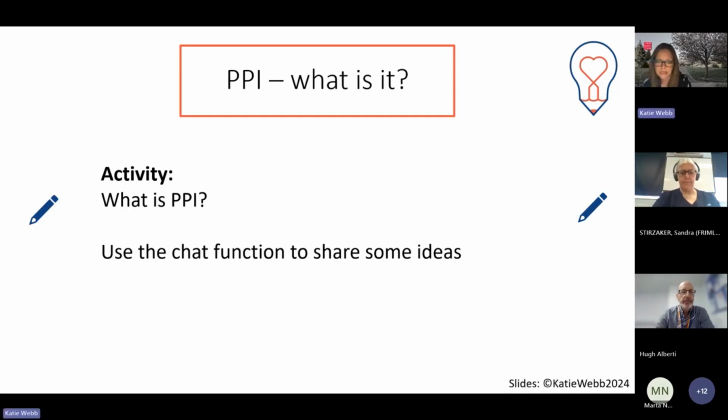And increasingly, this is becoming incredibly important within research proposals, grant submissions, and when we're writing for outputs and manuscripts, isn't it? Used throughout the research process, absolutely.